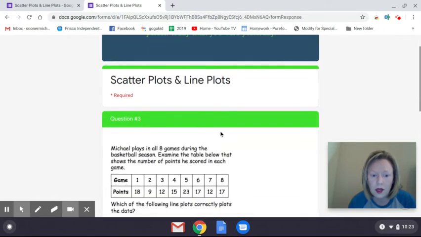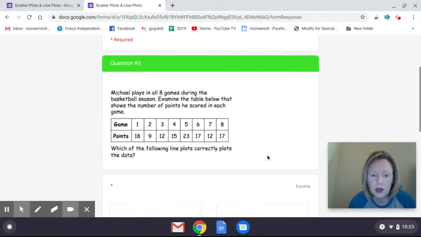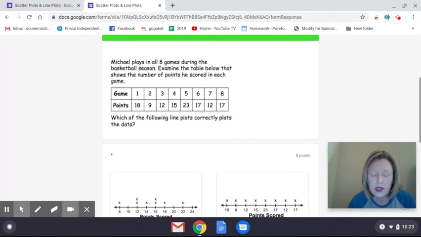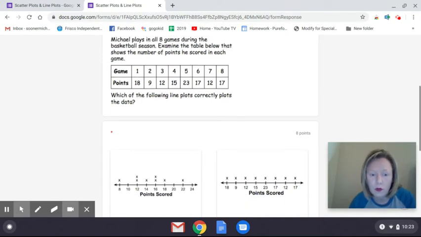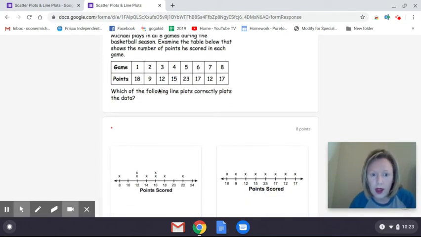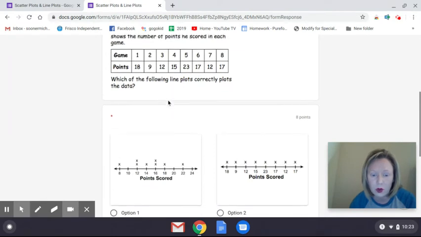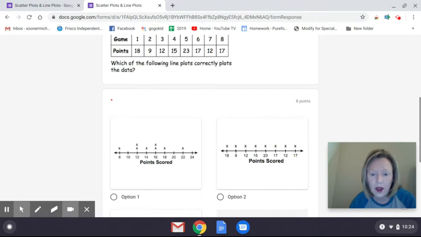Now, looking at the next question. If we're trying to plot this data, we've got games and points. For game 1 through 8, here are the amount of points that were scored. So we need to find an option that has a 1 and an 18.